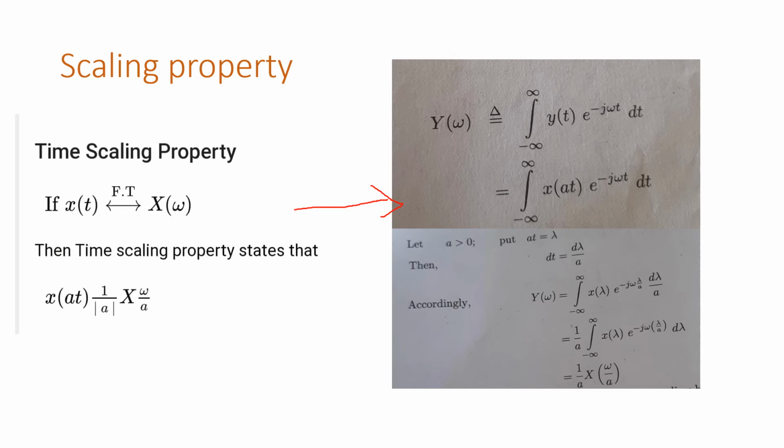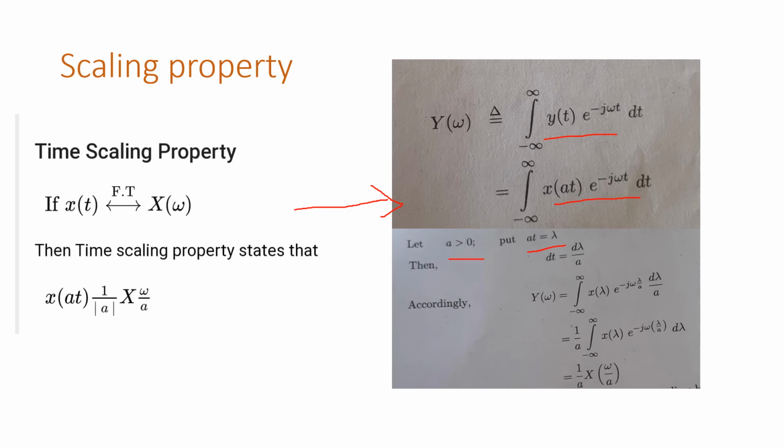Now consider the scaling property's proof. Here I have substituted x of at by y of t, and by applying the Fourier transform of x of at, with the condition a should be greater than 0 and substituting at to the constant lambda, you may consider any constant.